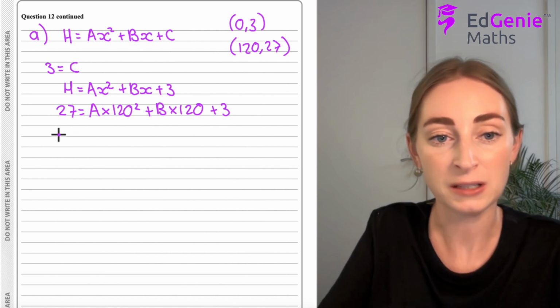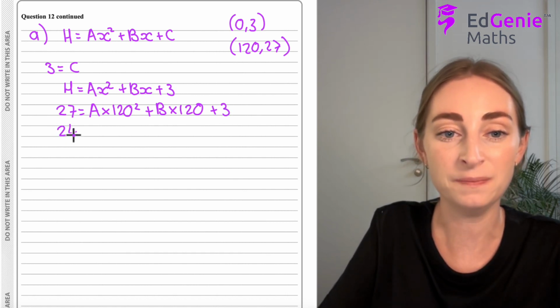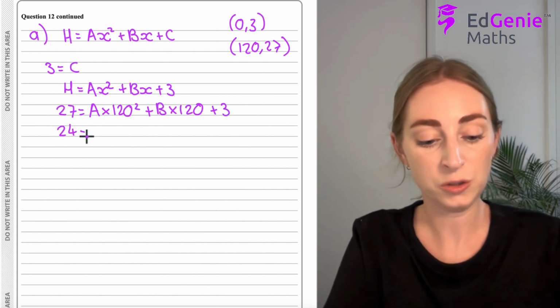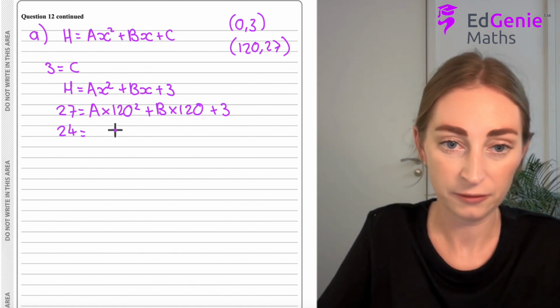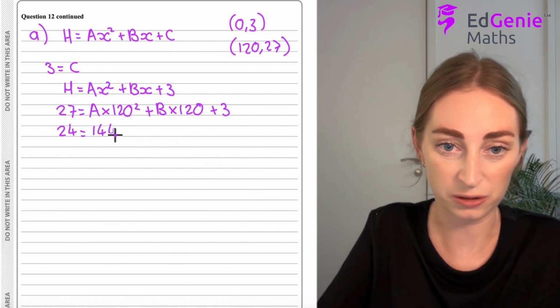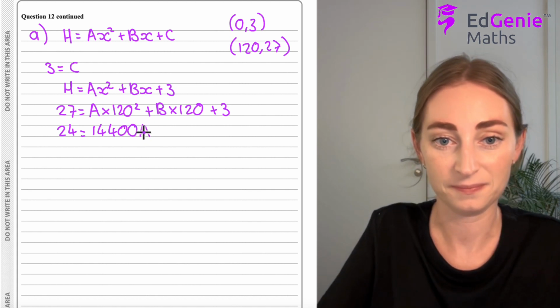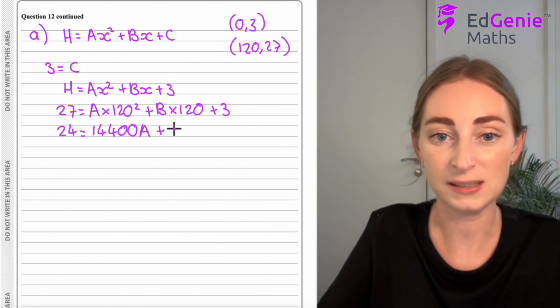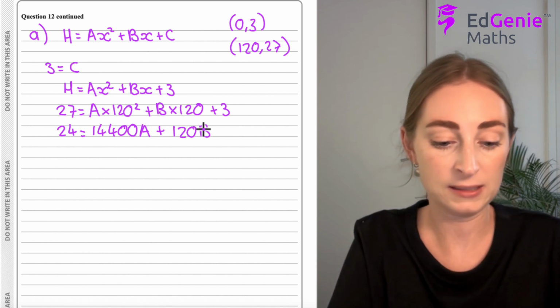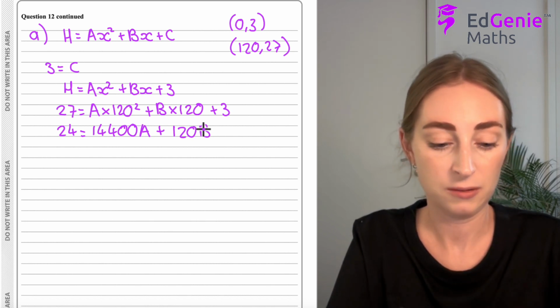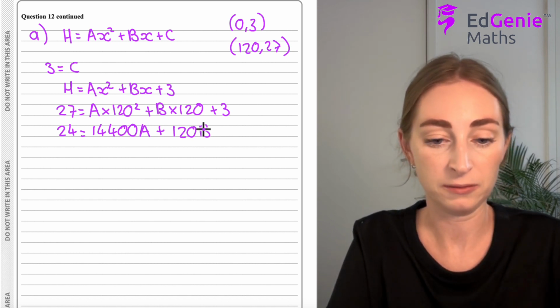27 minus 3 is 24. 120 squared is 14,400 plus 120b. Now, can I simplify that? Divide by 24? Yes, I can.